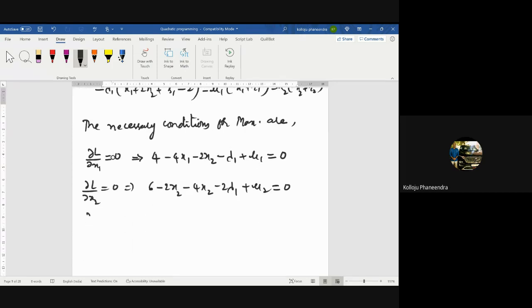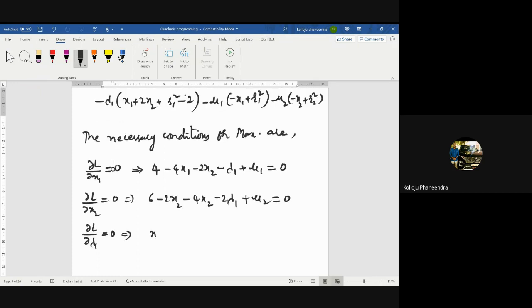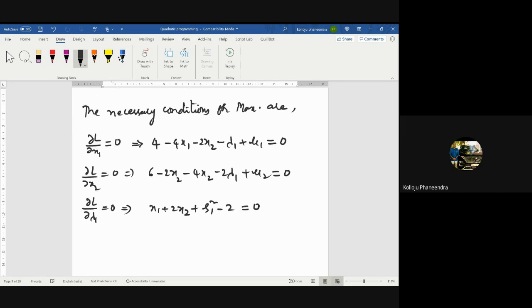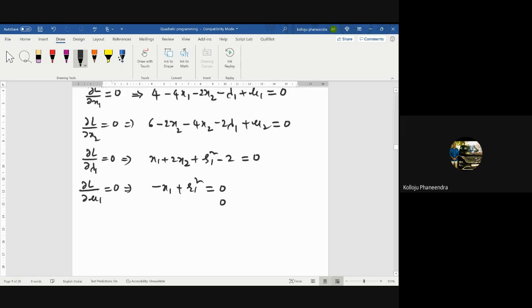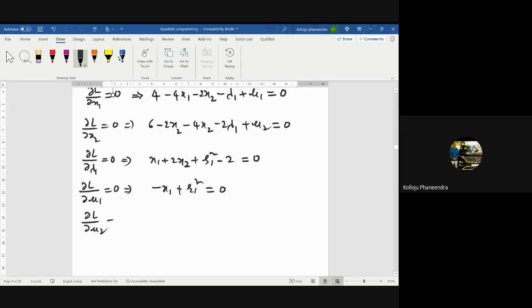Next one is dou L by dou lambda 1 equal to 0. The lambda 1 derivative is 1, so the remaining part becomes x1 plus 2x2 plus s1 square minus 2 equal to 0. Next one is dou L by dou mu1 equal to 0. That gives minus x1 plus r1 square directly. Next, dou L by dou mu2 equal to 0 gives minus x2 plus r2 square equal to 0.